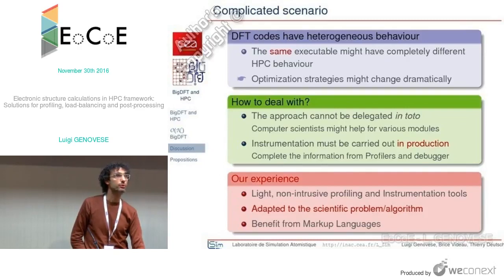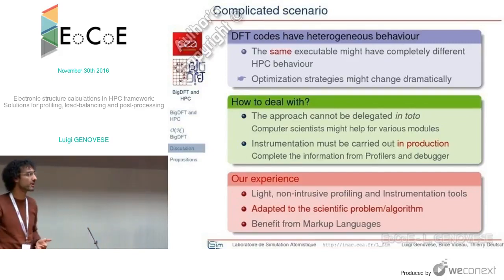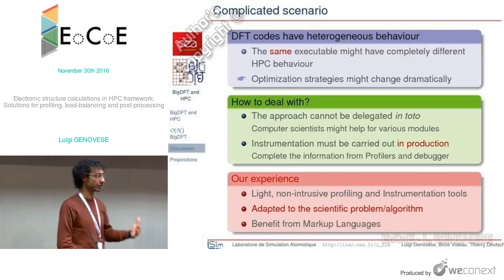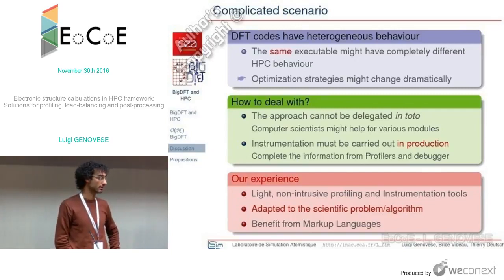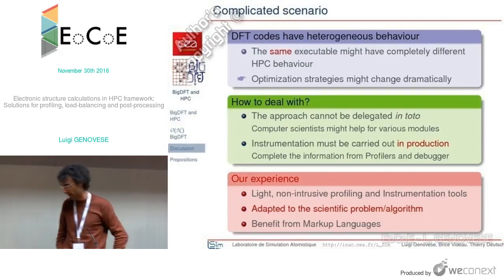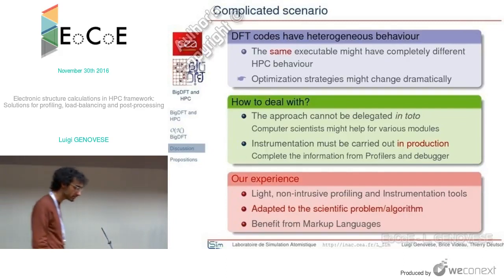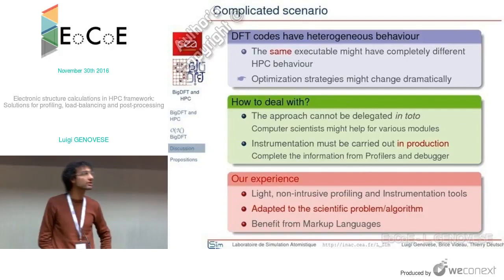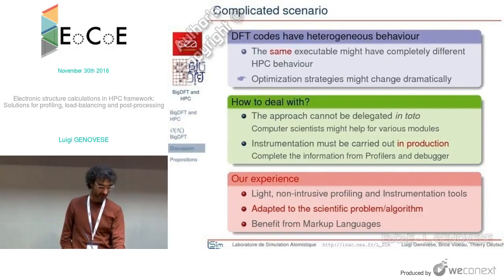We put some non-intrusive, or at least as little intrusive as possible, profiling tool in our code. We built these tools based on markup languages. We have identified a markup language dialect which might be of high potential interest in our community. Let's discuss that in a while.